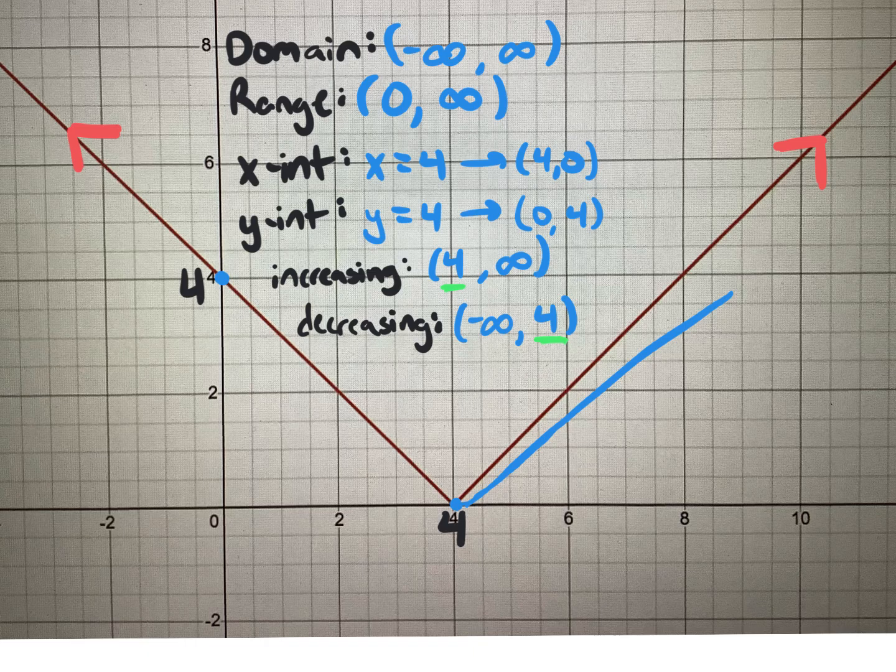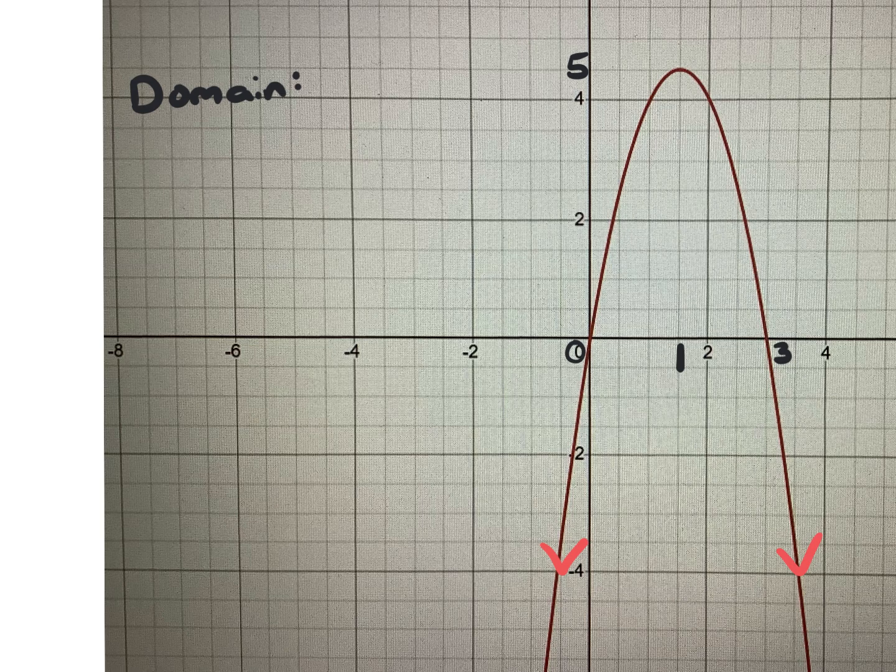Okay. With domain, what values are we looking at? X's or Y's? X's. So the farther left I go, what is my lowest x value? Do I have a smallest x value? No, because I hit the arrows, so I'm going towards negative infinity.